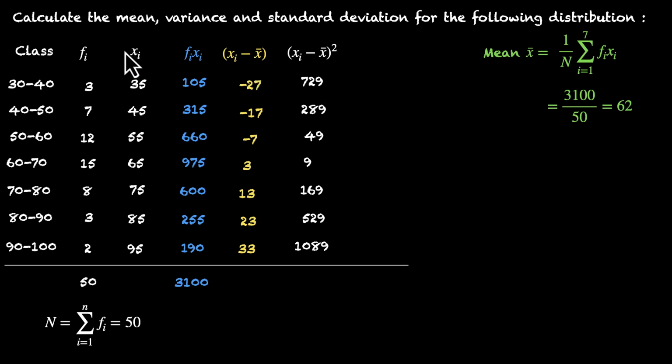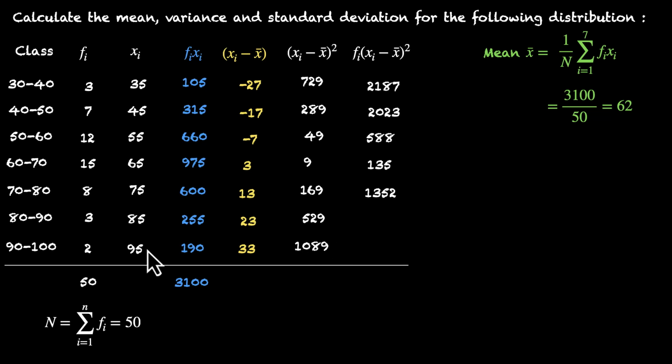Next, we multiply this with the frequency. So let's add another column, fi times xi minus x bar squared. So 729 times 3, that's going to be 2100 plus 60 plus 27, that's 2187. 289 times 7, that's going to be 2023. 49 times 12, that's going to be 50 times 12, that's 600 minus 12, that's 588. 15 times 9 is 135. 8 times 169 is 8 times 170 minus 8, that's going to be 1360 minus 8, that's 1352.